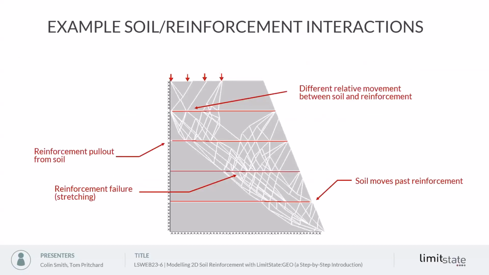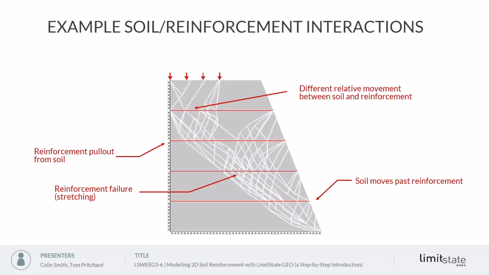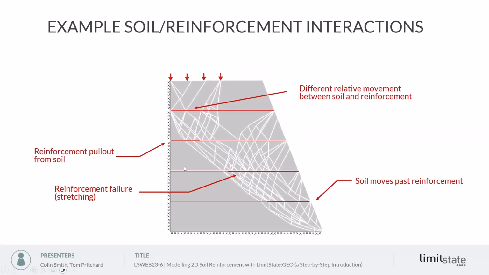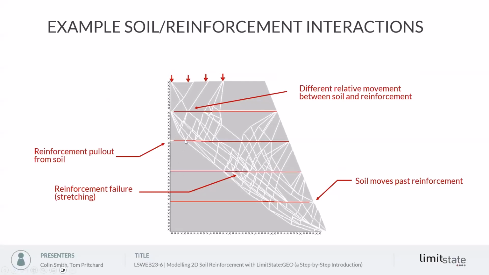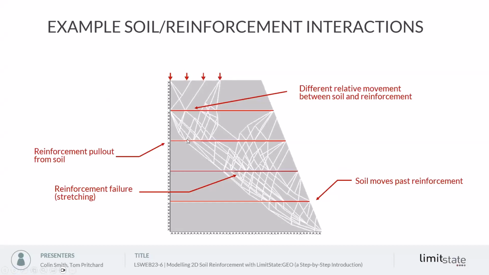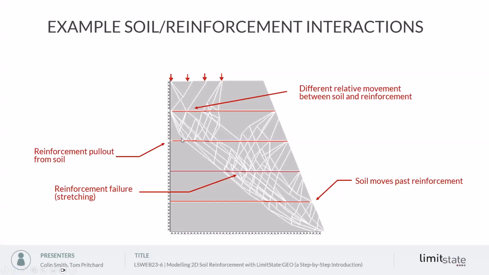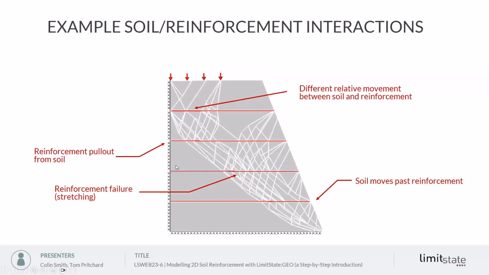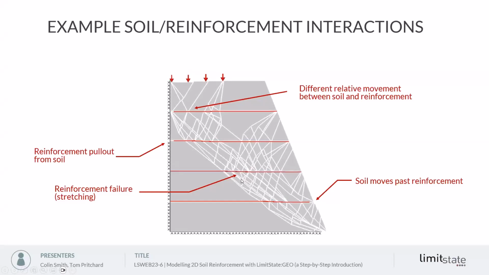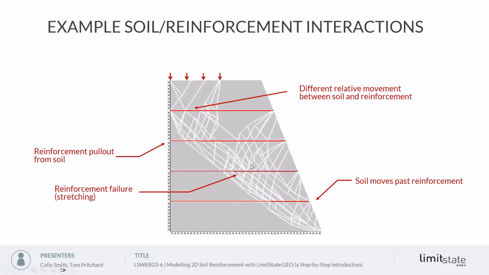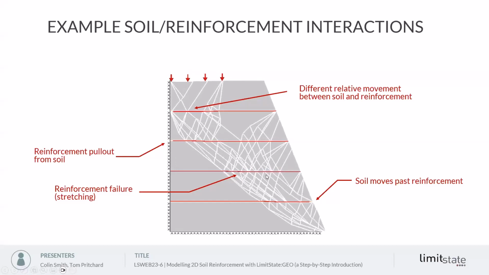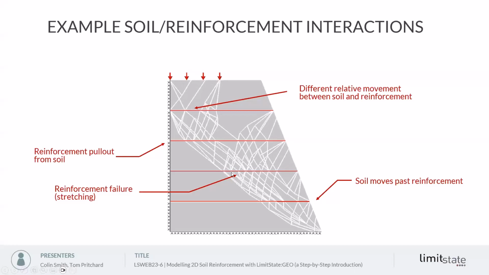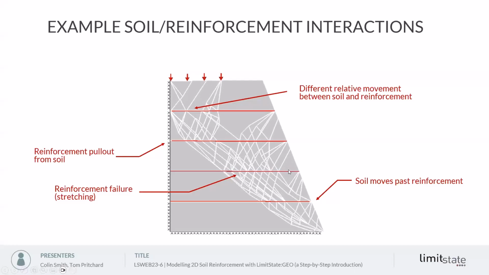This diagram shows a failure mechanism of the soil and how those interactions happen. On the left, you can see in this area, the reinforcement is being pulled out of the soil body on the left that's not deforming. At the next level down, effectively the reinforcement is failing itself, essentially stretching with the mechanism.